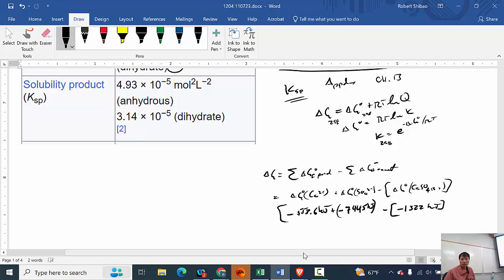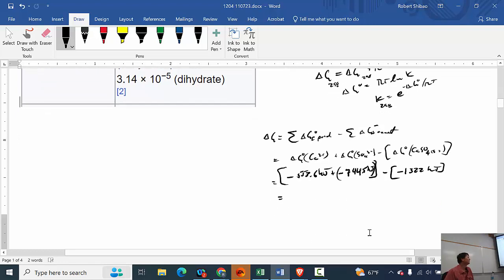So we take our products minus the reactants. Can somebody calculate this? I got 23.9. 23.9? Okay, thanks.